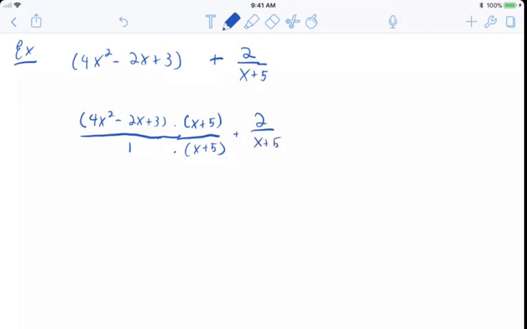Okay. And now I expand this out. So this becomes 4x squared times x plus 5 minus 2x times x plus 5. Take your time expanding. Nothing's worse than getting a wrong answer because you rushed expanding a polynomial.